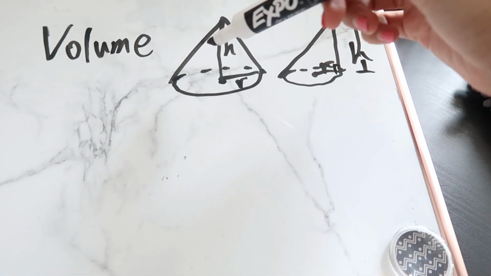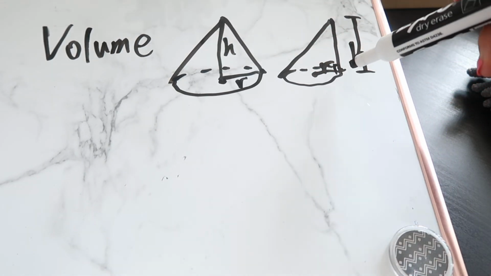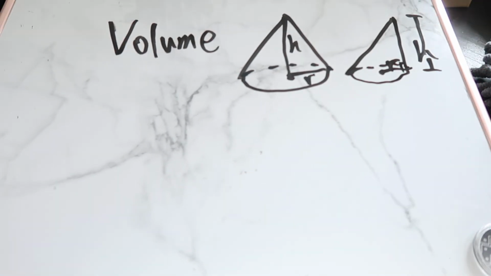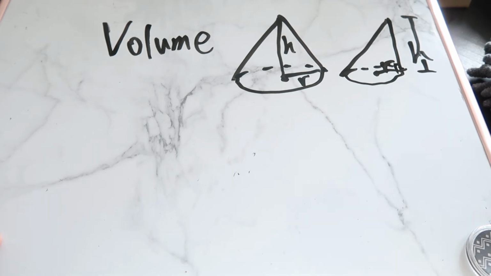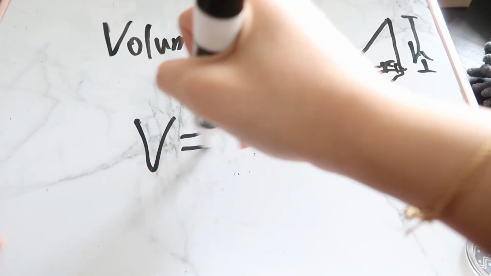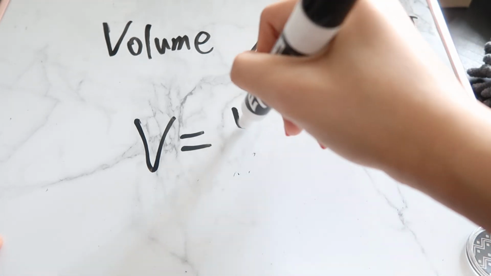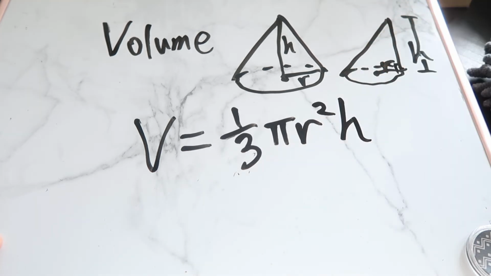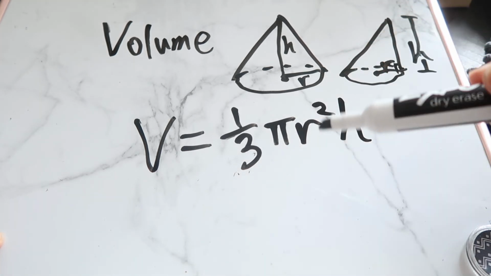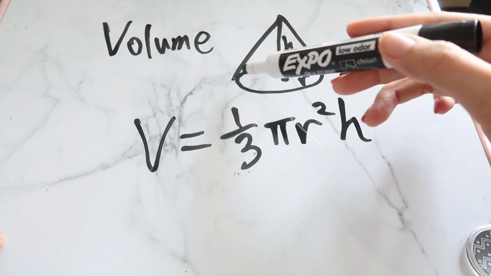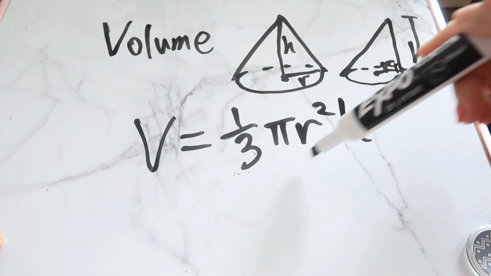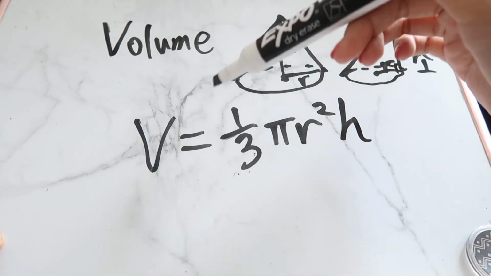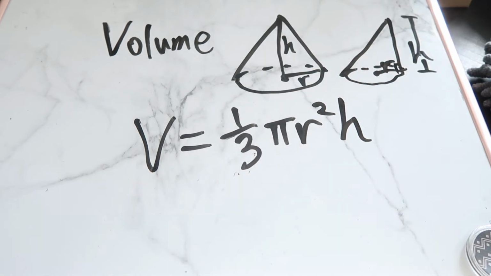Most likely your height will be inside, except when you see a right angle in a corner, and then that would be the height. Alright, the formula is V equals 1/3 pi r squared height. So the pi r squared part is the circle, and then you multiply the area of the circle with the height. That gives you the volume, and because it's a cone shape, it will be 1/3. So that's the formula.